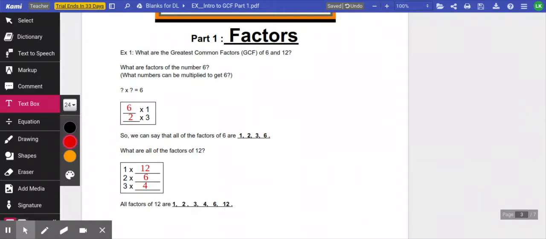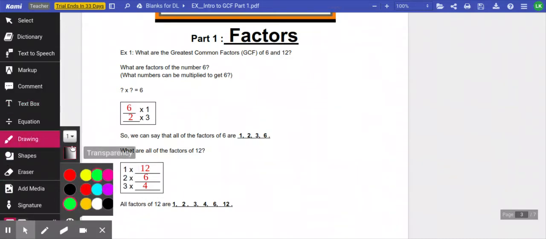So now if I wanted to know the greatest common factor between these numbers, greatest is the biggest, common means the same, and factors are these numbers. So what's the biggest number that they have in common? I'm going to use my drawing tool just to identify something. So I'm looking, they both have a 1, I'll put a dot here. They both have a 2, another dot.